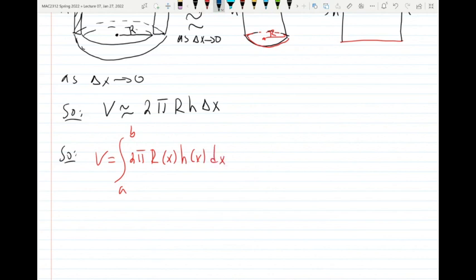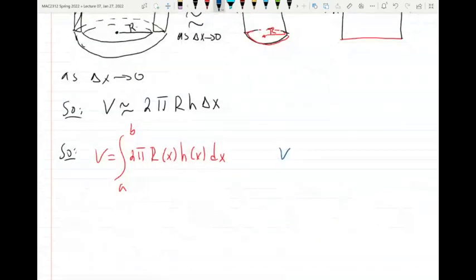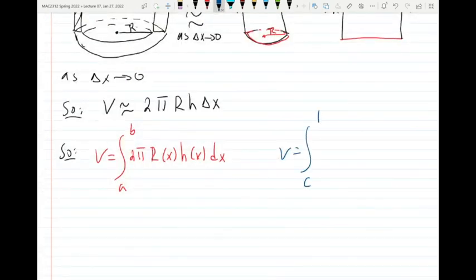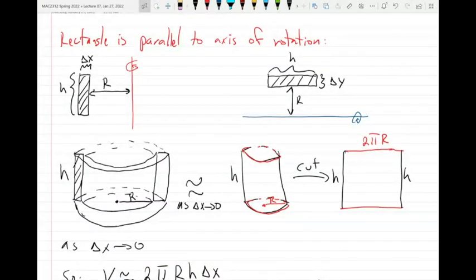And then in the other case, in which it is horizontal, the formula is the integral from c to d, 2 pi, but now the variable is y, r of y, h of y, dy. And remember what is r? R is the distance between your rectangle and the axis of rotation, and h is your height or length of the rectangle.